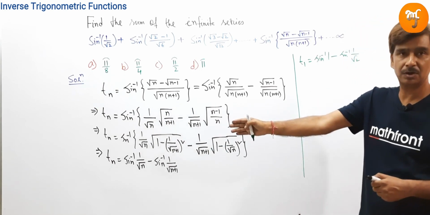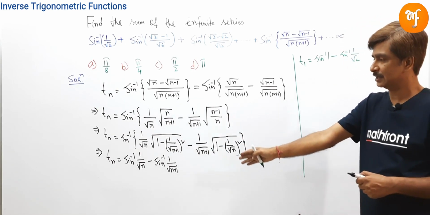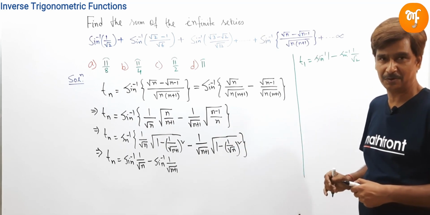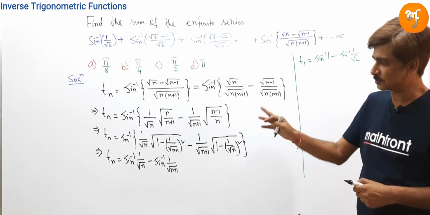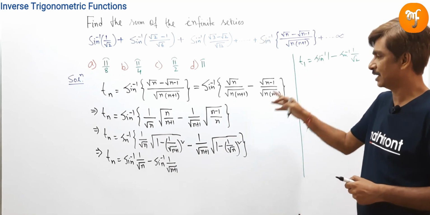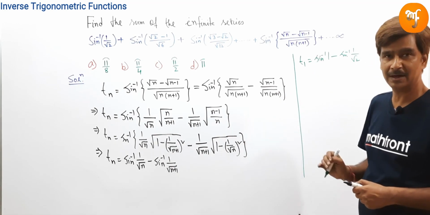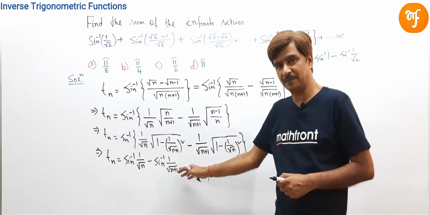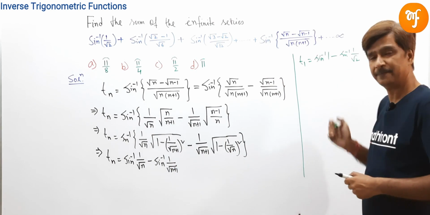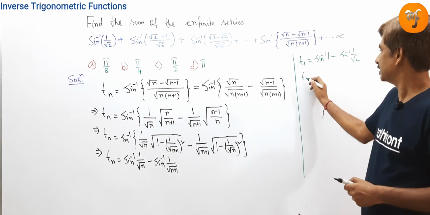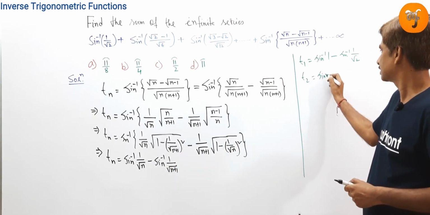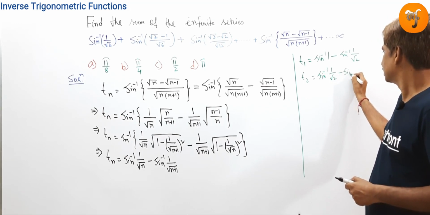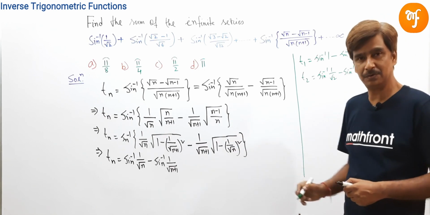That is, we put n equal to 1 in the identity Tn is equal to sine inverse of 1 by root n minus sine inverse of 1 by root over n plus 1. So, when we substitute n by 1, we get T1 as sine inverse of 1 divided by root 1, that is 1, minus sine inverse of 1 divided by root over 1 plus 1, that is 1 by root 2. In this way T2 will be sine inverse of 1 by root 2 minus sine inverse of 1 by root 3.